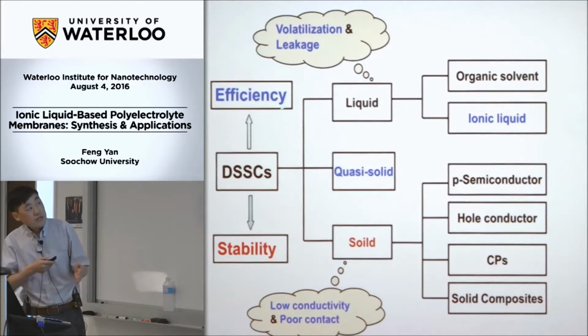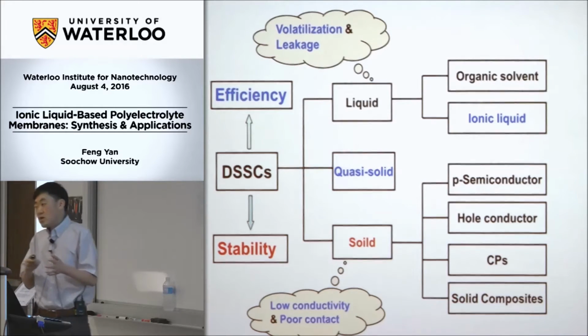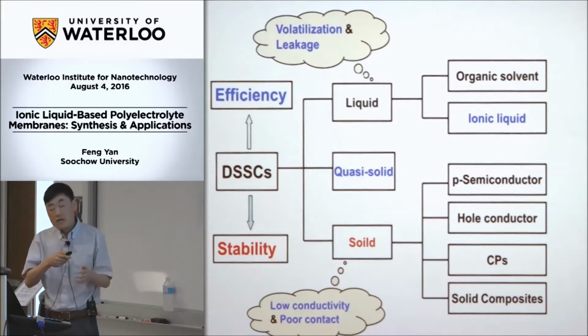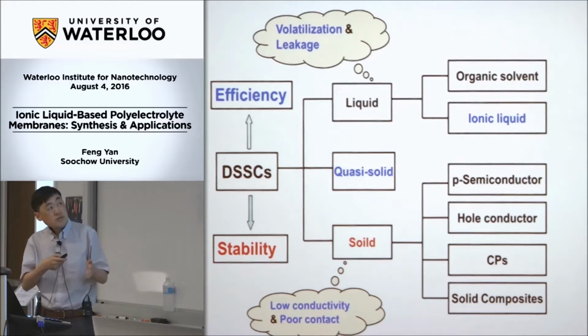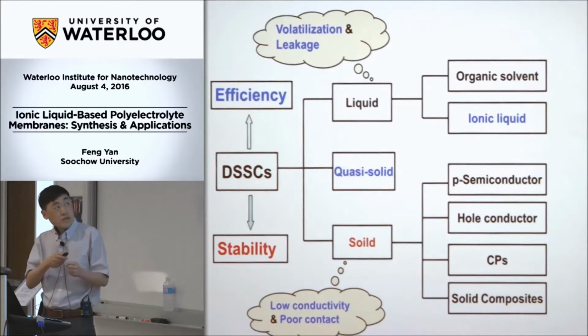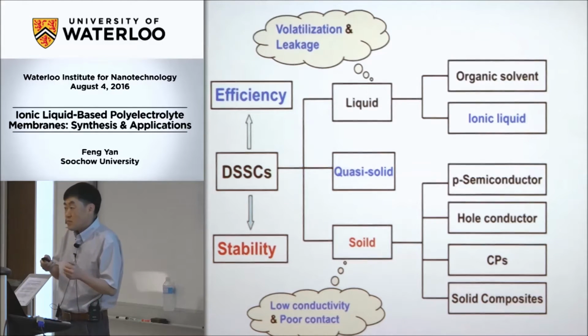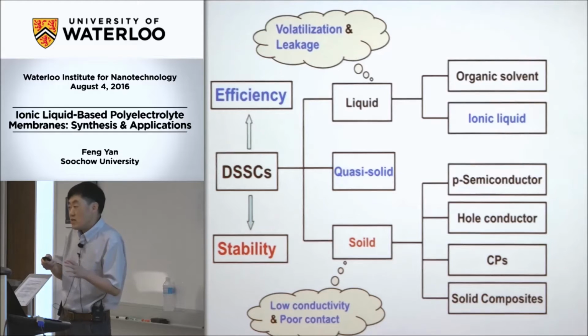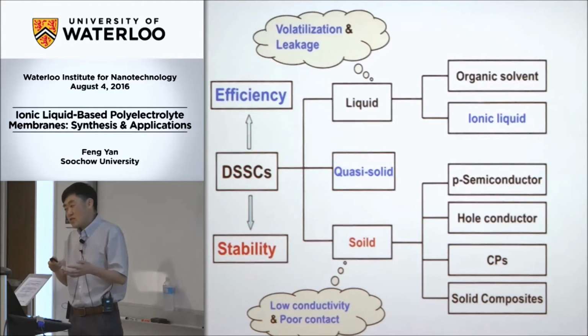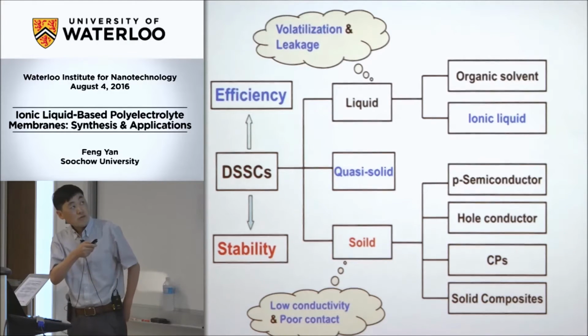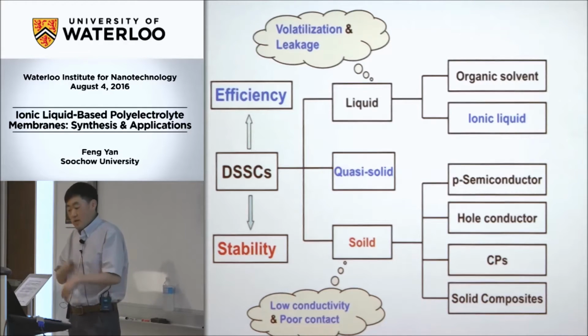If you use liquid electrolytes, the efficiency will be very high because of the higher conductivity of a liquid electrolyte. But the problem of liquid electrolytes is leakage and also volatilization. Some people use ionic liquid electrolyte instead of organic solvent, so volatilization can be avoided.